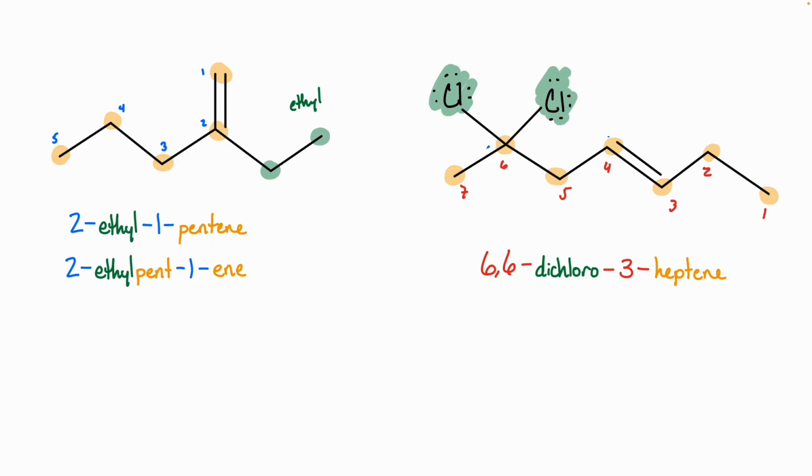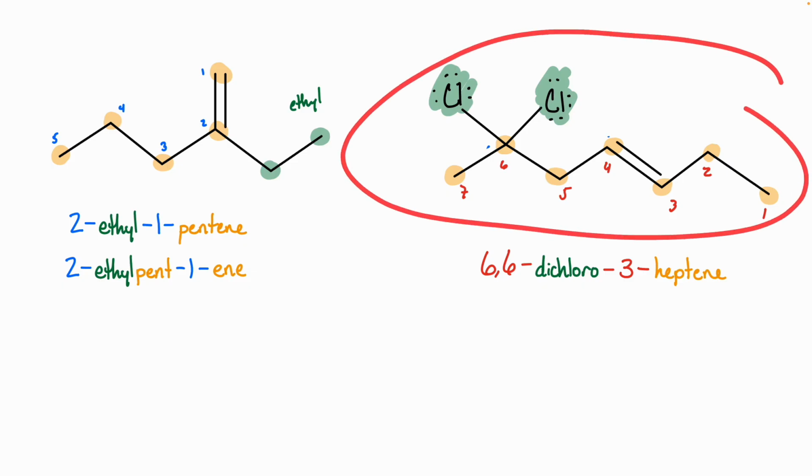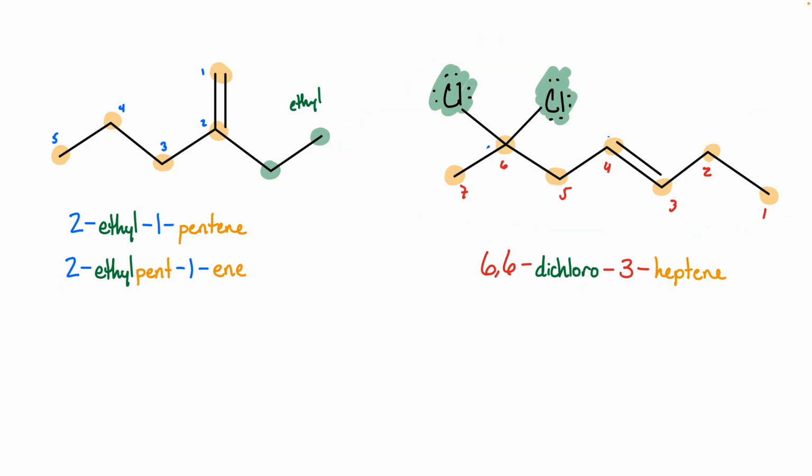Now, this molecule is not quite done here. There's an important piece of information that's missing from the name of this molecule. Let me get rid of my color coding real quick so you can see a little bit easier. The important thing that we've got to keep in mind here is that our carbon-carbon double bonds, unlike carbon-carbon single bonds, cannot rotate.